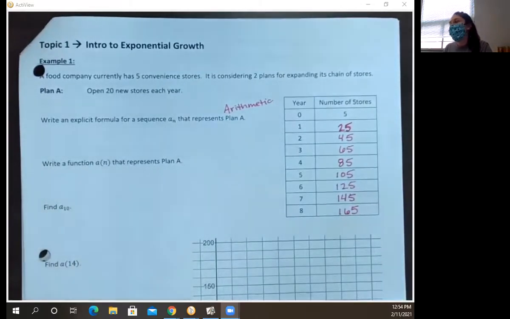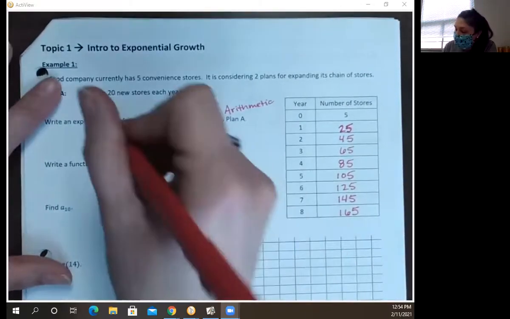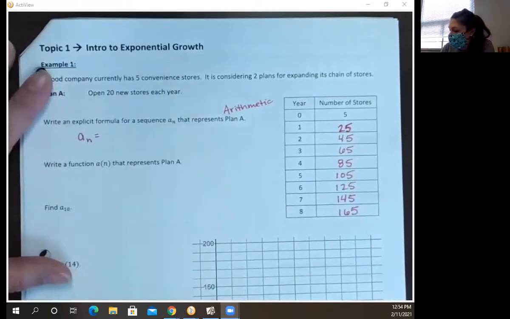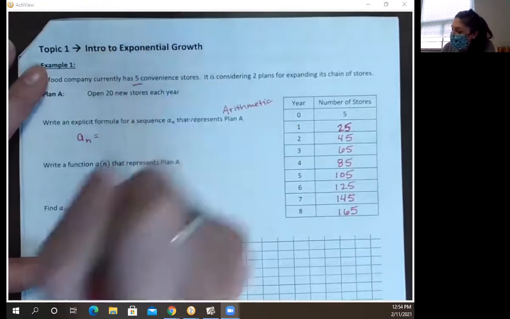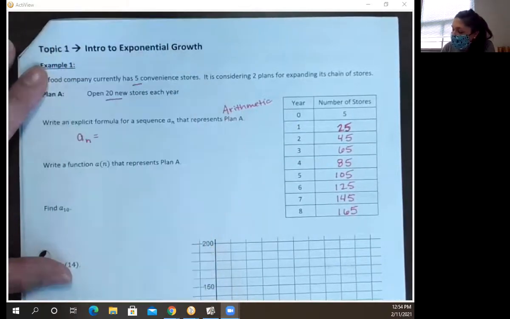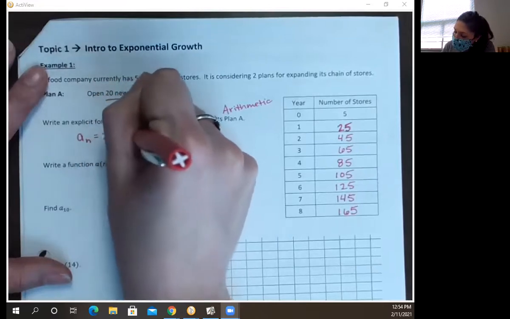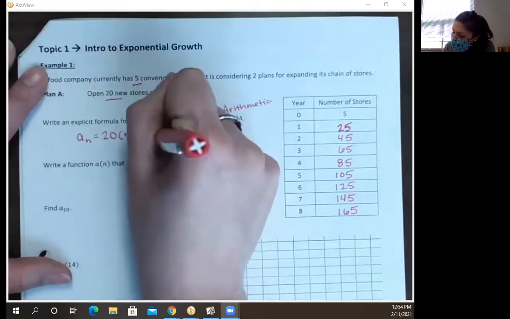So if I wanted to treat it like a sequence, I could write an explicit formula for this sequence. I'm starting with 5 stores, and I'm going to open 20 new ones each year. So that would be 20 times n minus 1, plus 5.